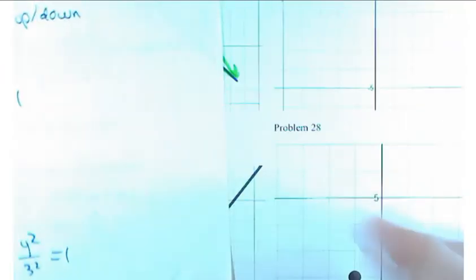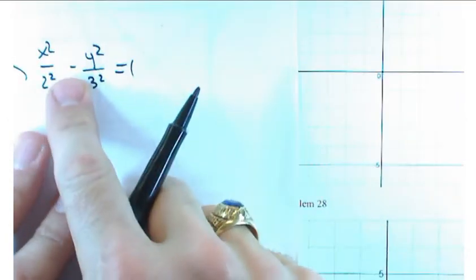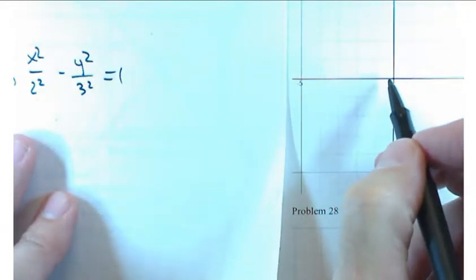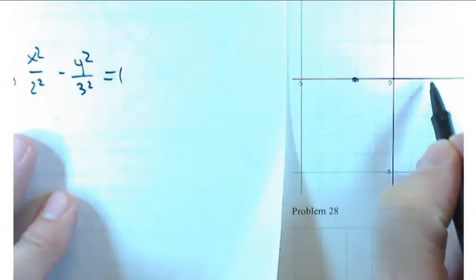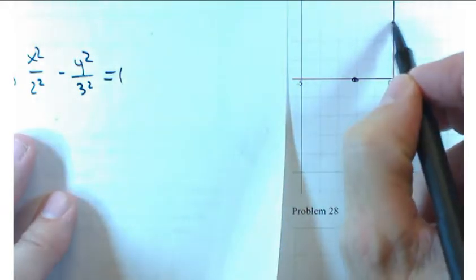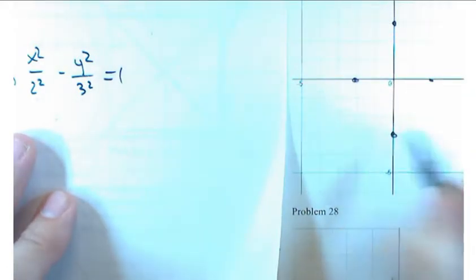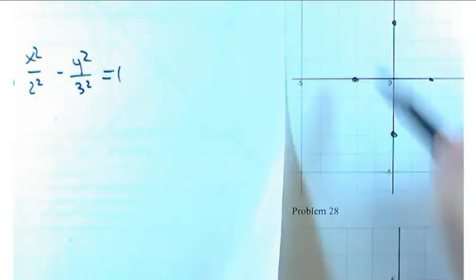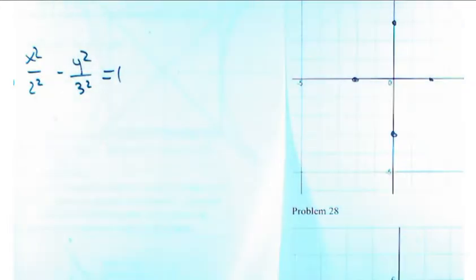Let's see here. Here's my equation. x squared over 2 squared. So I'll go to the left 2, to the right 2, up 3, and down 3, like that. And here's where we've got to do something a little bit different. This is not an ellipse, it's a hyperbola.